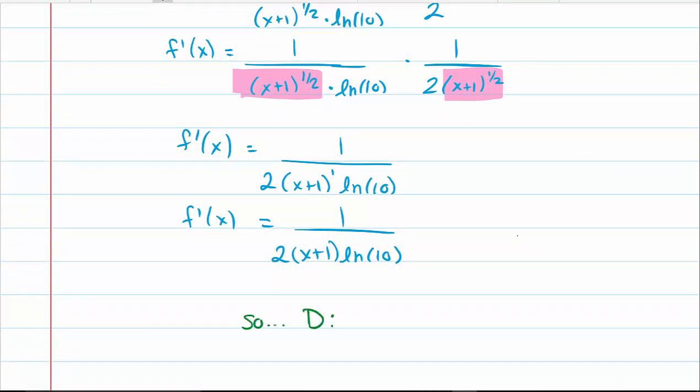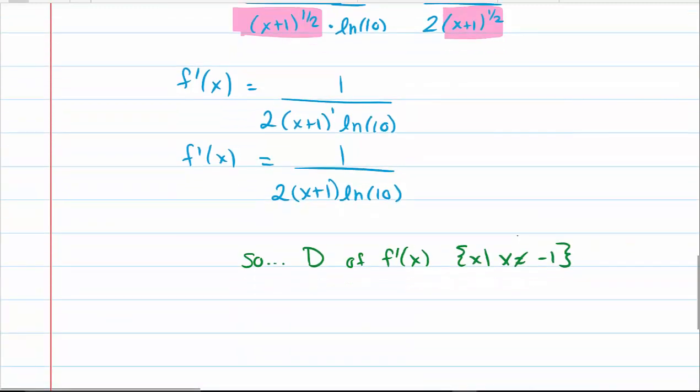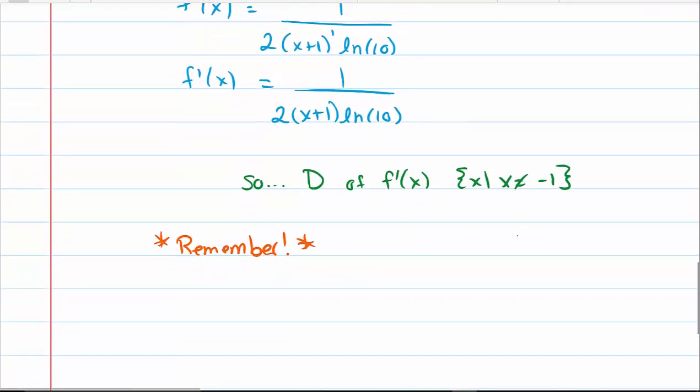Okay? So just looking right at this, the domain of f prime of x is x such that x does not equal negative 1, because the denominator can't be 0. But remember that you need to find out where f of x is defined and where f prime of x is defined. So we have to combine the domain. So not only can we not be negative 1, but we also must be larger than negative 1.